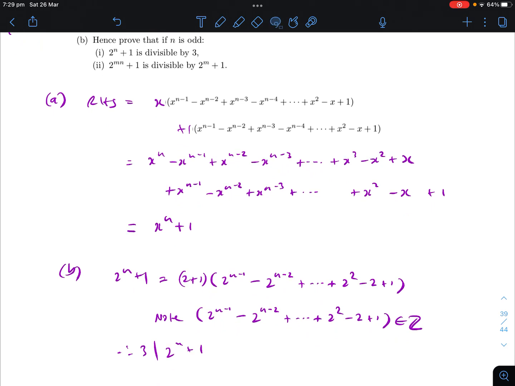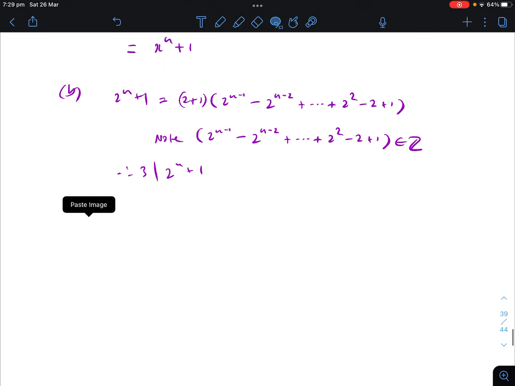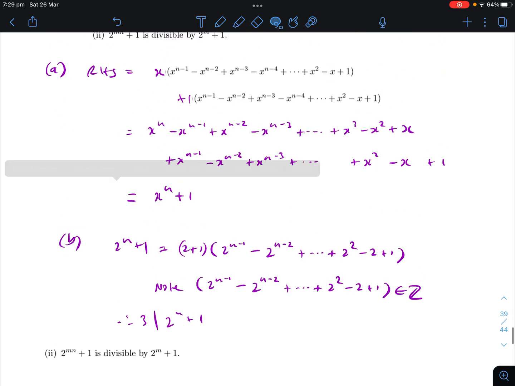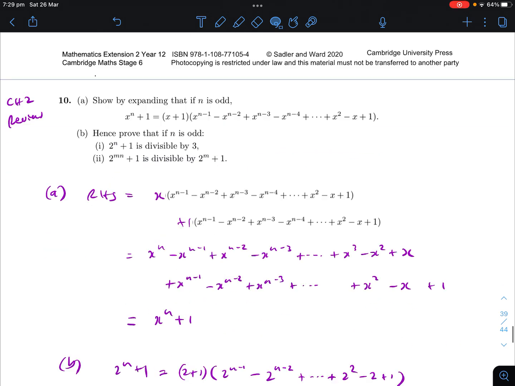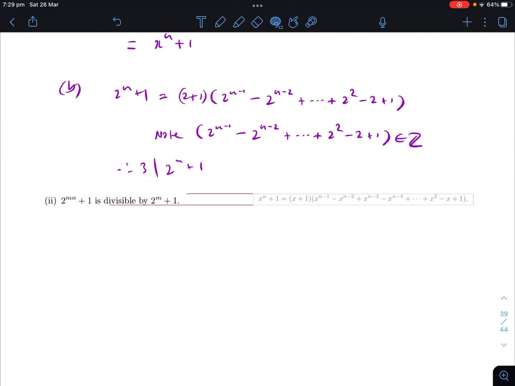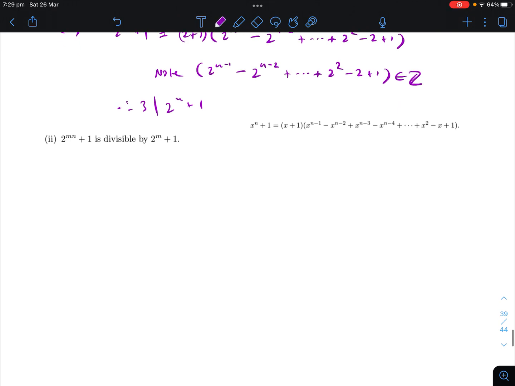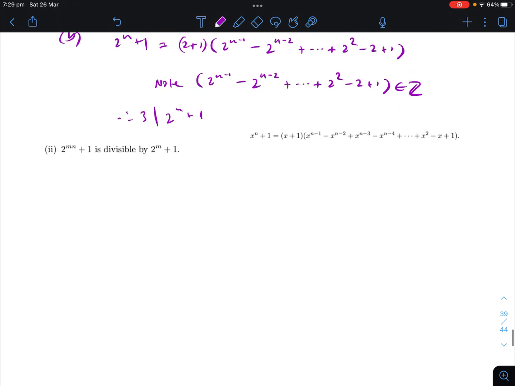Great. Then 2 to the m n plus 1 is divisible by 2 to the m plus 1. Okay, right. What have we got? It's probably helpful to keep this down here as well, so I can easily consult it.